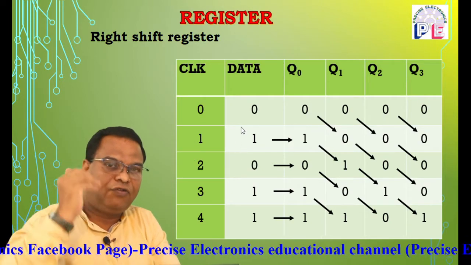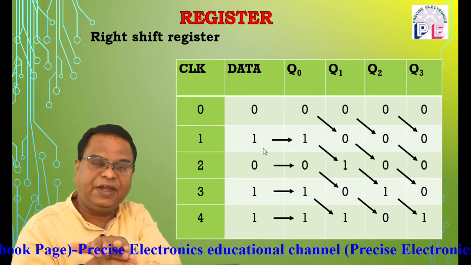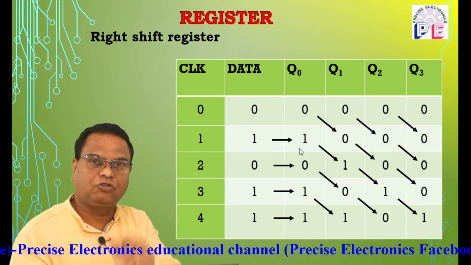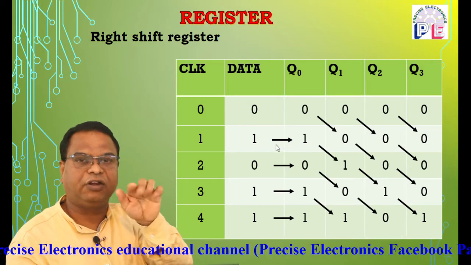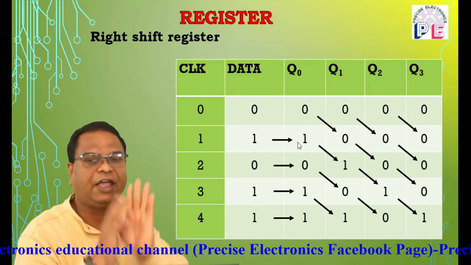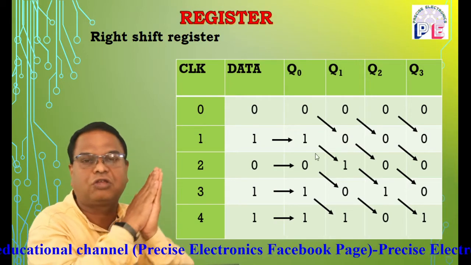Now at the negative edge of first clock pulse, the LSB, that is 1, is shifted to the first flip flop. The direction is given by the right hand side arrow. So arrow indicates that 1 is shifted to first flip flop.